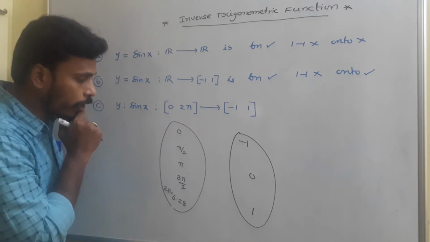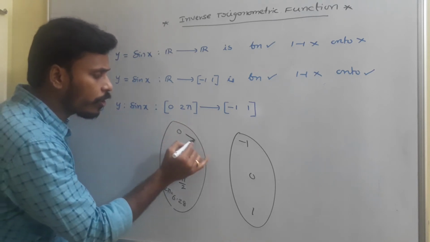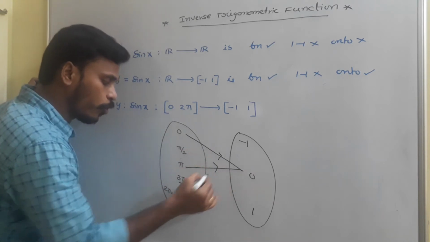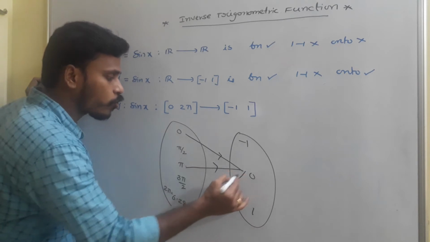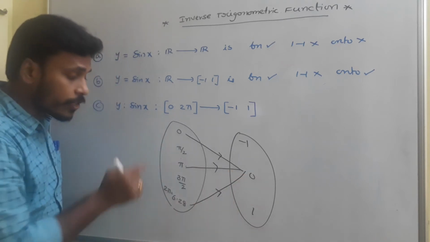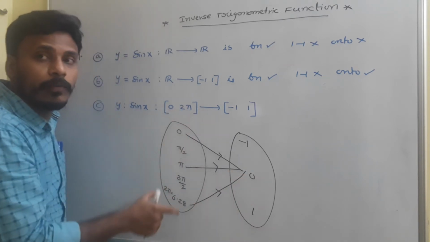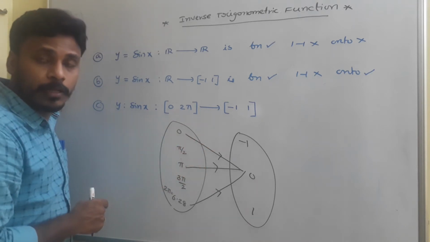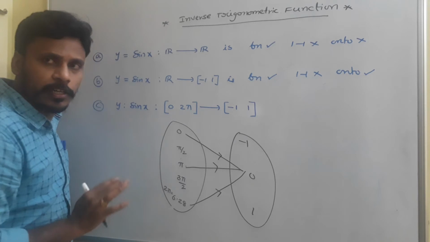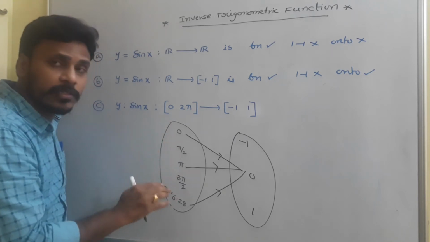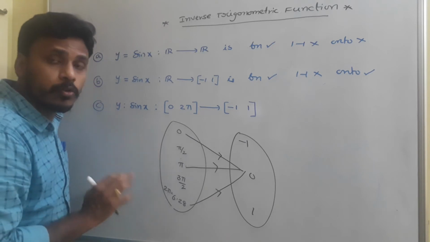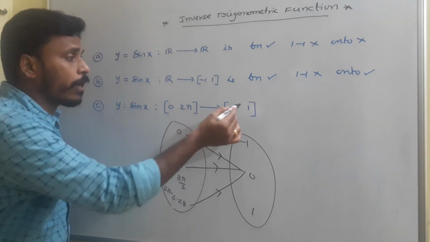When you think about it, again sin 0 is just connected to 0 only, sin pi is connected to 0 only, sin 2 pi is also connected to 0 only. Still the function is not 1-1 because different elements are connected to the same image. And this is a function clearly because every element of the first set has a unique image in the second set, as well as it is onto, because the range of sin x is from -1 to 1.